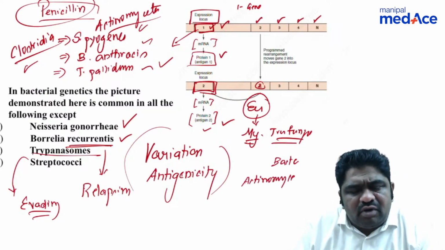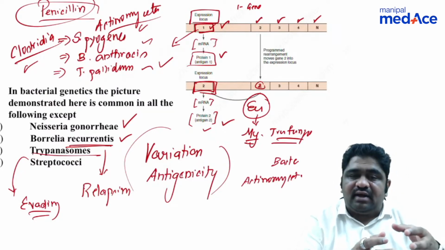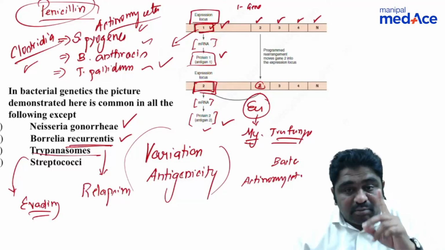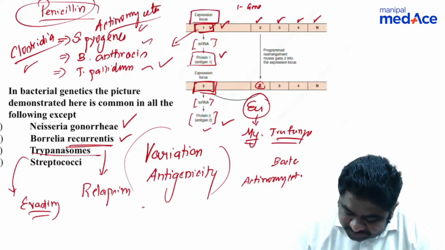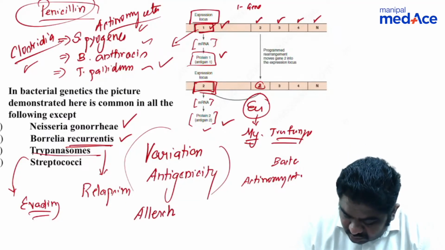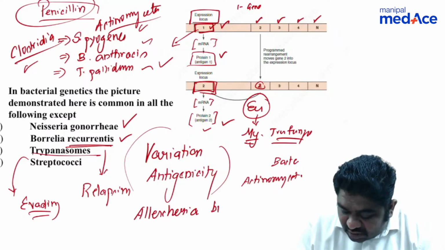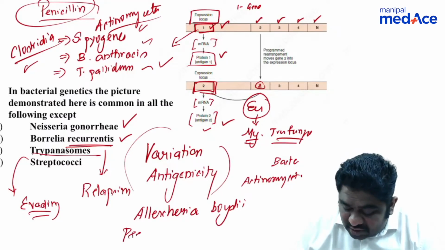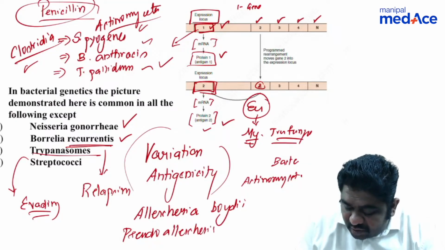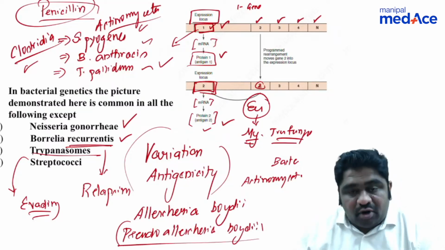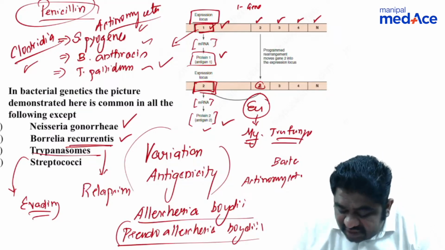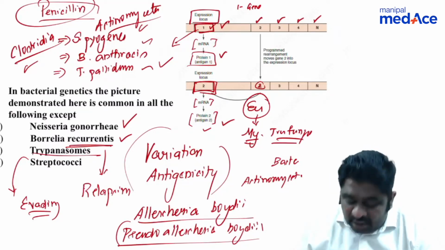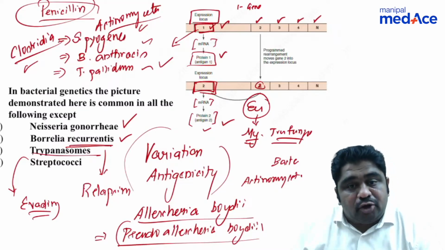Now, why do you call them false fungus? Why don't you call them true bacteria? Because there is an organism called Allescheria boydii, and there is an organism called Pseudoallescheria boydii. Pseudoallescheria boydii is a false bacteria, but Allescheria boydii is a true bacteria that makes Pseudoallescheria boydii a true fungus.